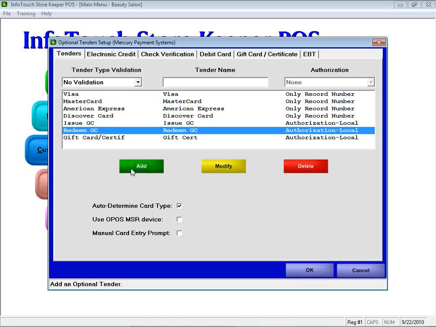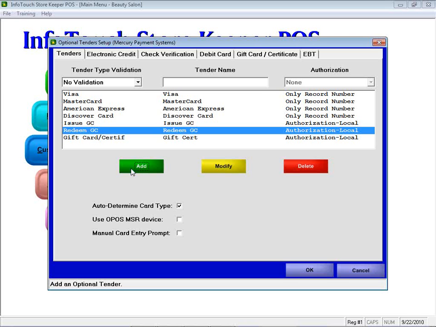And if you think about it, a gift certificate is essentially a tender exchange. So if I pay you $10 for a gift certificate with cash, I'm going to offset that $10 with a minus $10 associated with the issuing process. With one tender, you would actually have a receipt that said gift certificate minus 10, cash plus 10, balance 0.